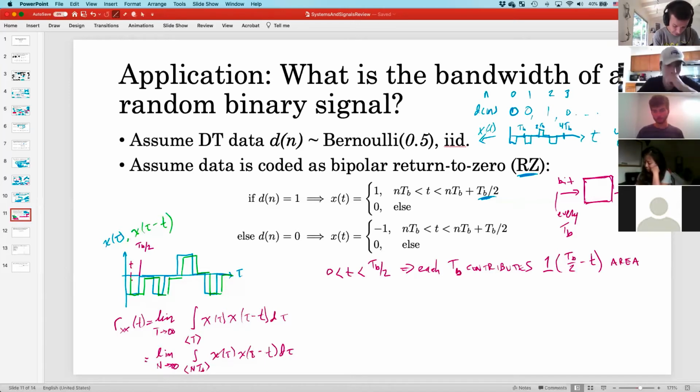So this area is what I just calculated, and that area is repeated in every chunk of width TB in the tau axis. All right, I'm going to proceed, assuming that we're all good with that. When t is exactly TB over 2, how much area is there?